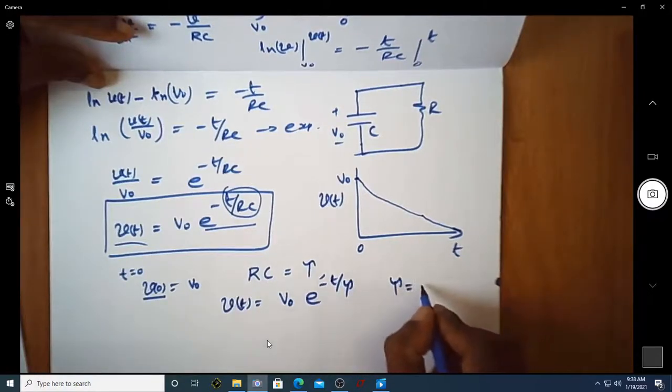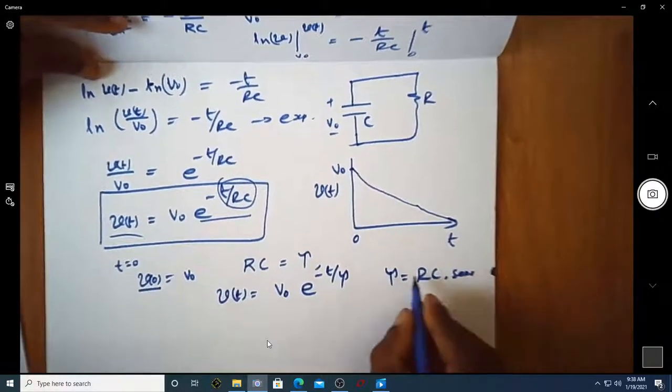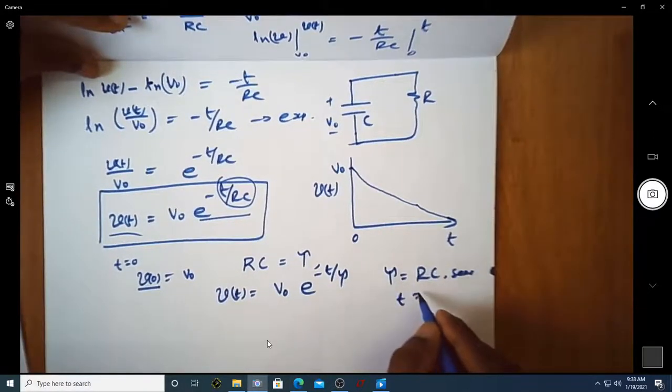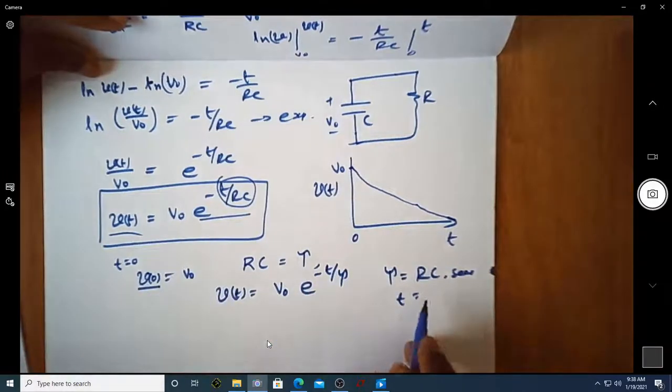Tau is in seconds, and t is the time at which you are trying to find the response of your capacitor voltage.